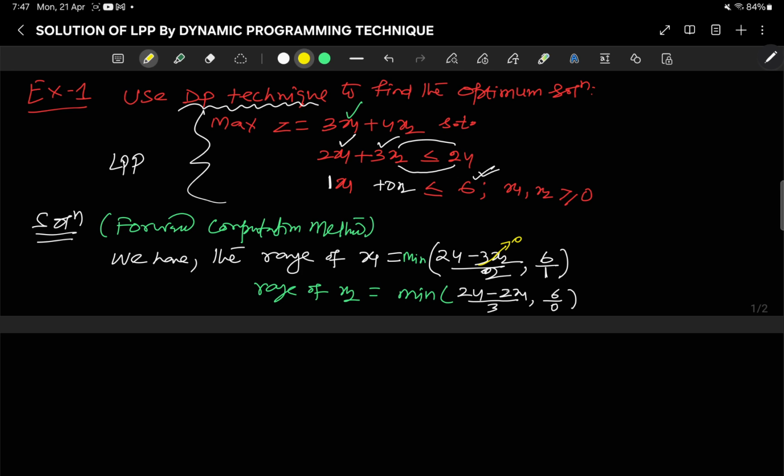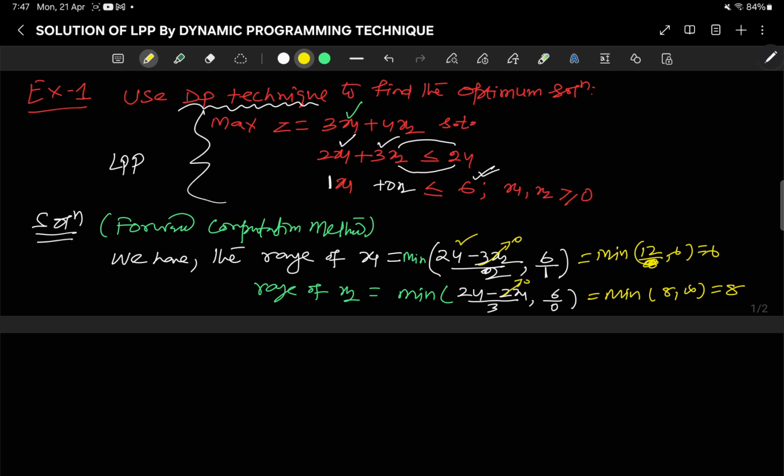So it is the minimum of 12 and 6, which is 6, and the minimum of 8 and infinity, which is 8.